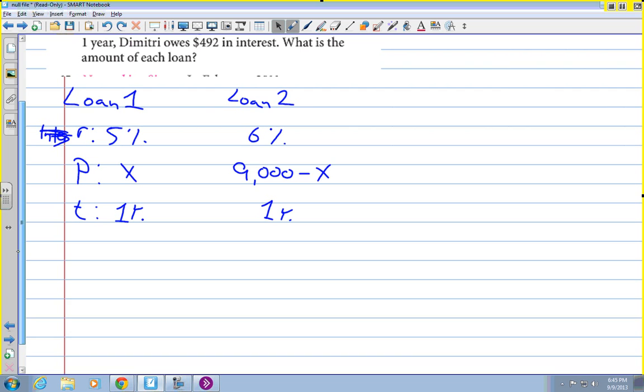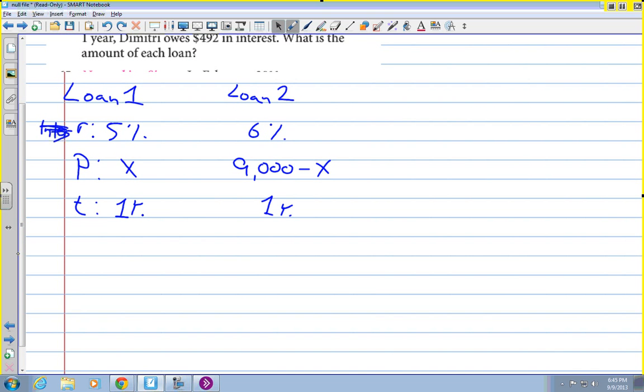So, the problem is dealing with the interest. We need to figure out what the interest is. Well, what is the interest from the first loan? Call it I1. It's principal times rate times time. So it's x times the rate, 0.05, times time, which is 1 in this case. So we get 0.05x. That's the interest just from the first loan, the 5% loan.